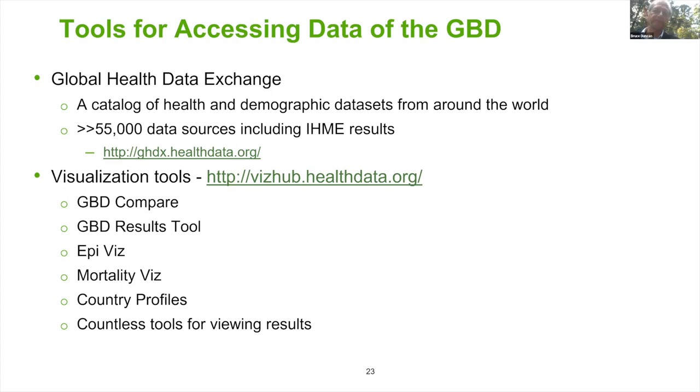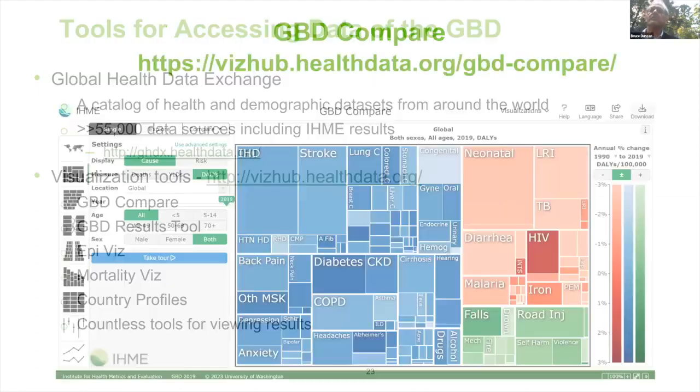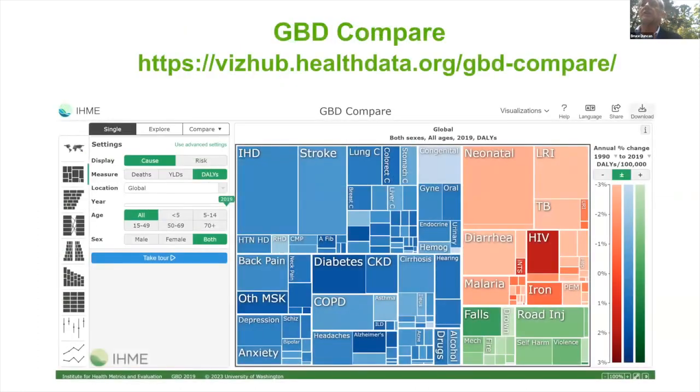their estimates. And then their visualization tools, the most important of which is GBD Compare, which I'm going to show some screen slides from now. If you're interested in knowing about the disease metrics of a given country or the world, where you need to go is GBD Compare. GBD Compare has presentations that deal with causes, that's diseases or injuries, and also with risk factors.